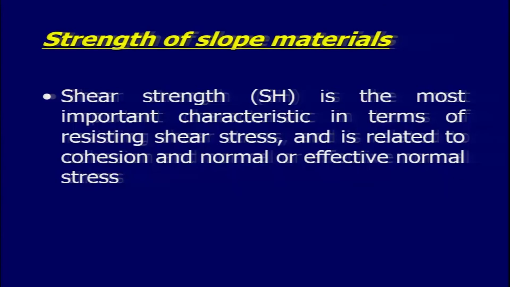So, shear strength of slope material is the most important characteristic in terms of resisting shear stress and is related to cohesion, because sand is cohesionless. Okay. So, it will depend on the cohesion, and the normal or the effective stress will also get affected.